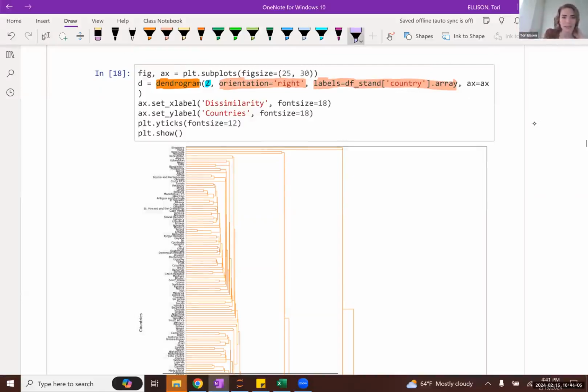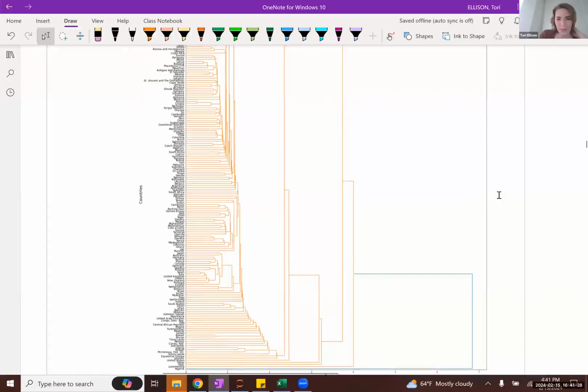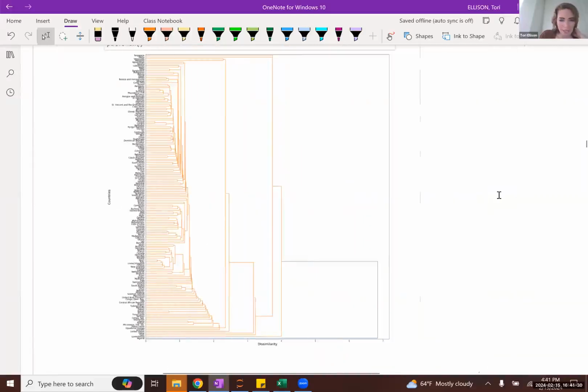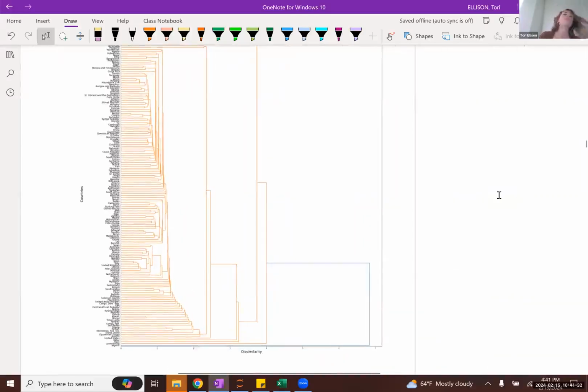And if I'd like to resize the plot, which often gives you better visualization, you can resize your plot first with these height and width specifications, using the axis parameter here. Okay. And so this is the first dendrogram that I end up getting by using single linkage.